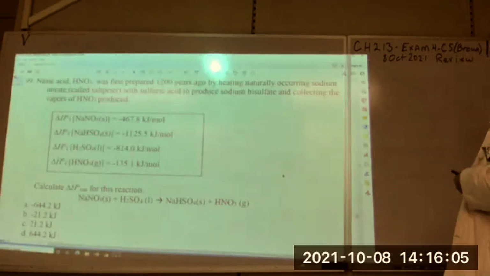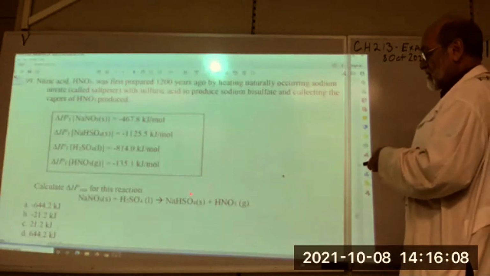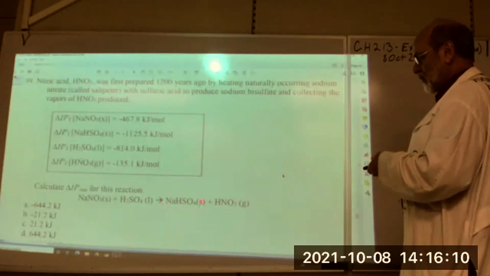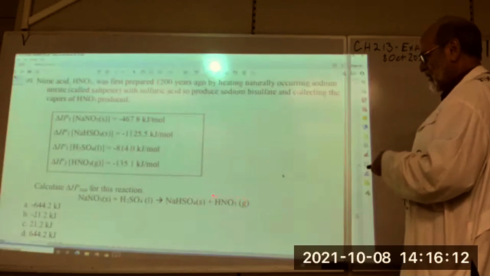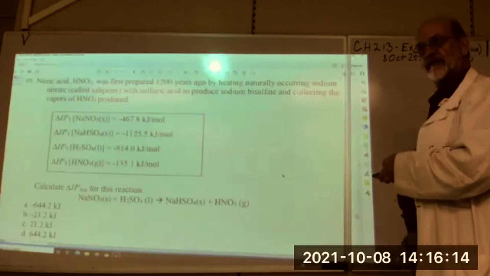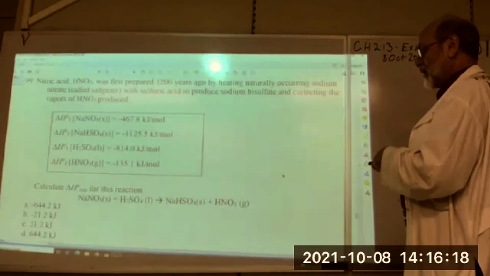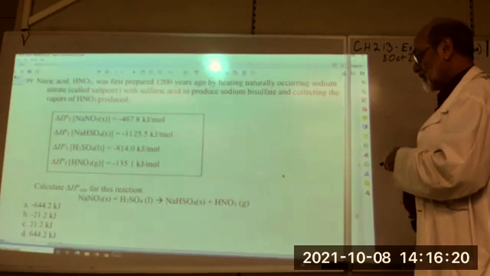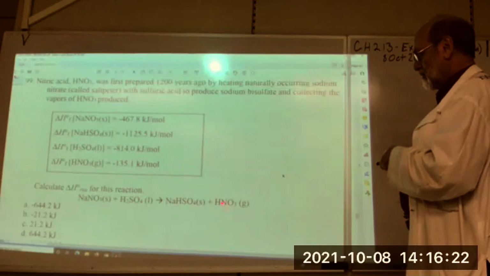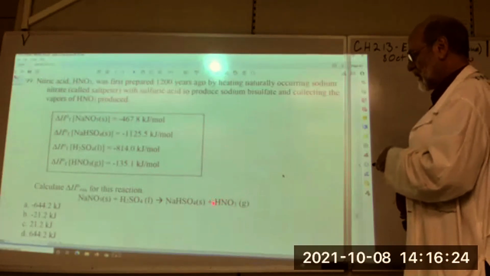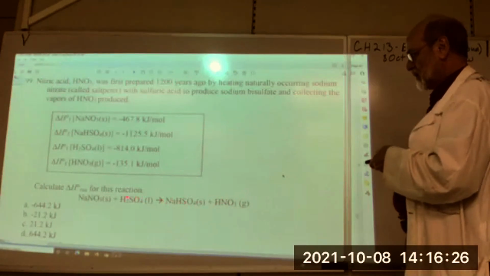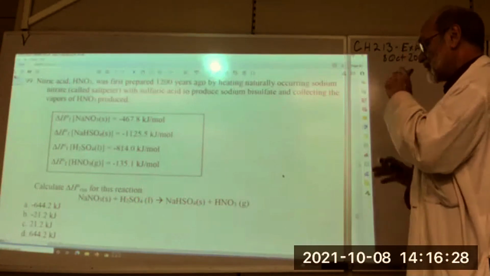Okay, so how do we deal with this? You take the standard heats of formation for each of these products and subtract the heats of formation for the reactants, being careful that you take into account the coefficients. First thing we need to do is say, is this balanced?